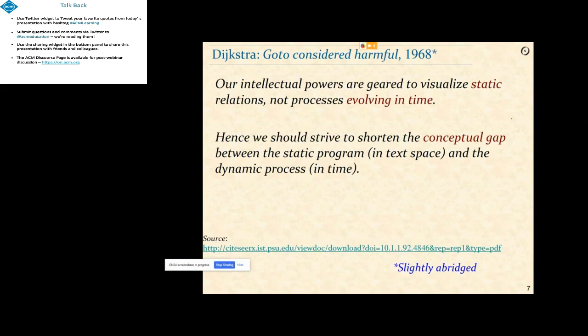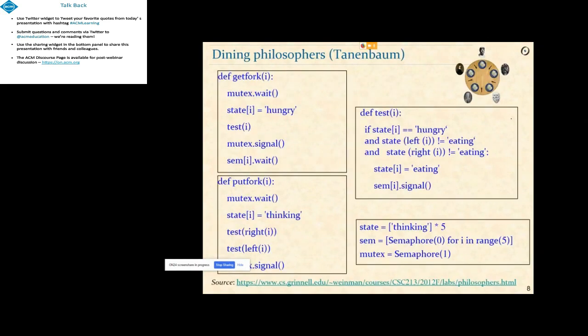So he describes the fundamental problem of programming as bridging the conceptual gap between the static program, the text of the program, and the dynamic process, that is to say, the zillions of executions of programs. And of course, in the case of a concurrent program, this space of dynamic executions is even bigger. So these words of Dijkstra are more timely than ever.